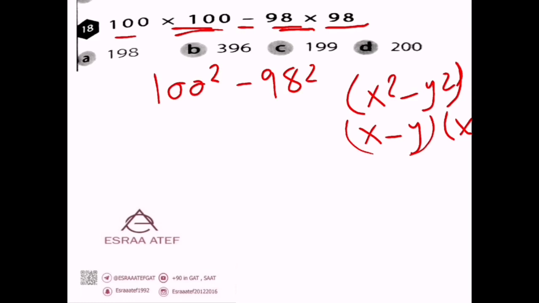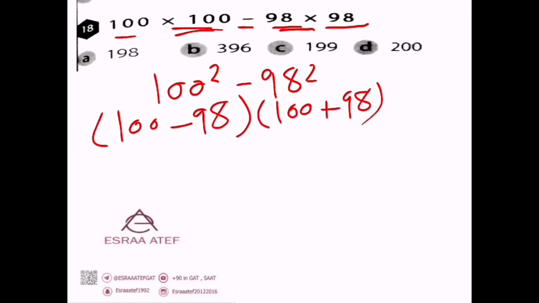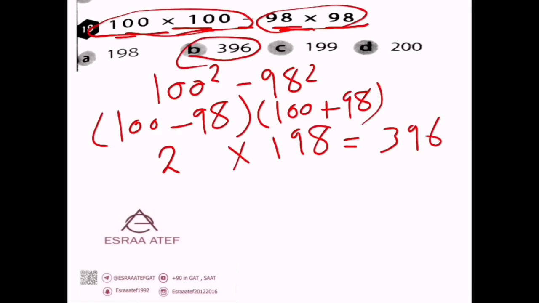We will do it here, okay? 100 minus 98 and 100 plus 98 to be easier. We will not multiply it here and multiply it here and then subtract. It will take a lot of time. So 100 minus 98 will be 2 times 100 plus 98, which will be 198. 2 times 198 will be 396. So the answer will be 396.